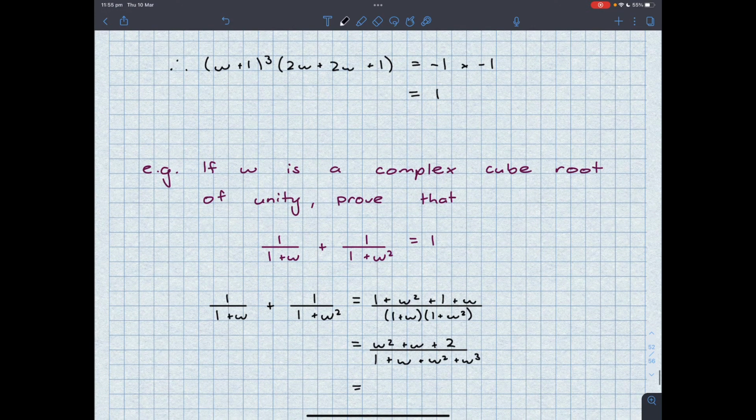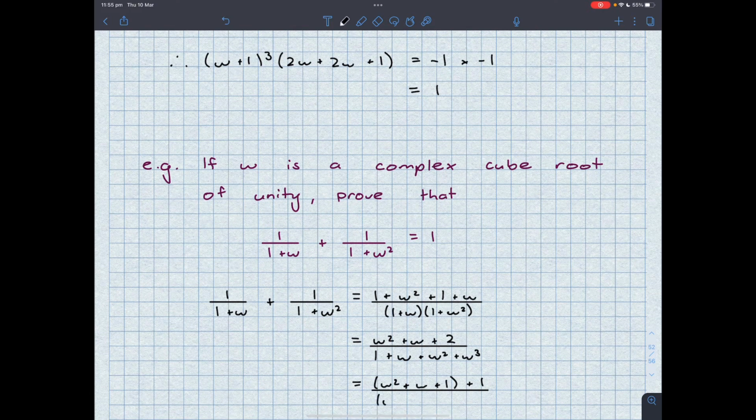Okay, what I'm going to do now is force out of here an expression that I know equals 0. So I know that w squared plus w plus 1 equals 0, because we showed it in the previous question. And I'm also going to take the same out of the denominator. So w squared plus w plus 1, and I've got this random w cubed on the end.